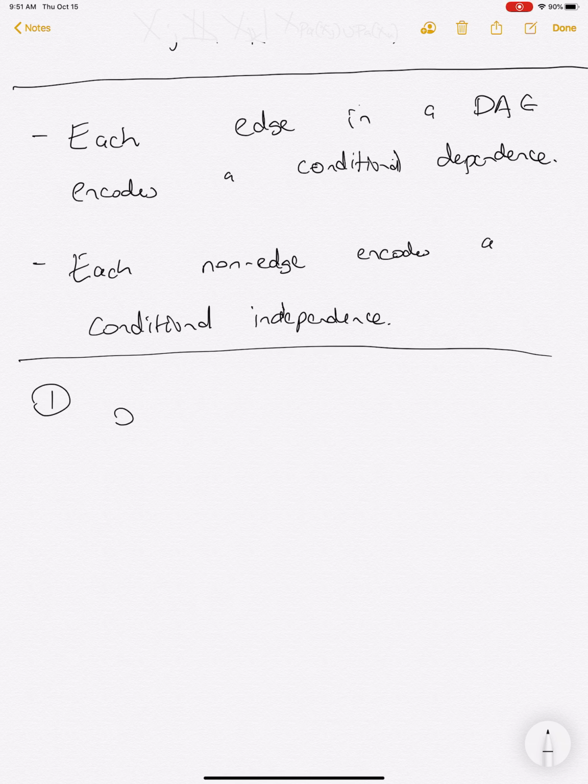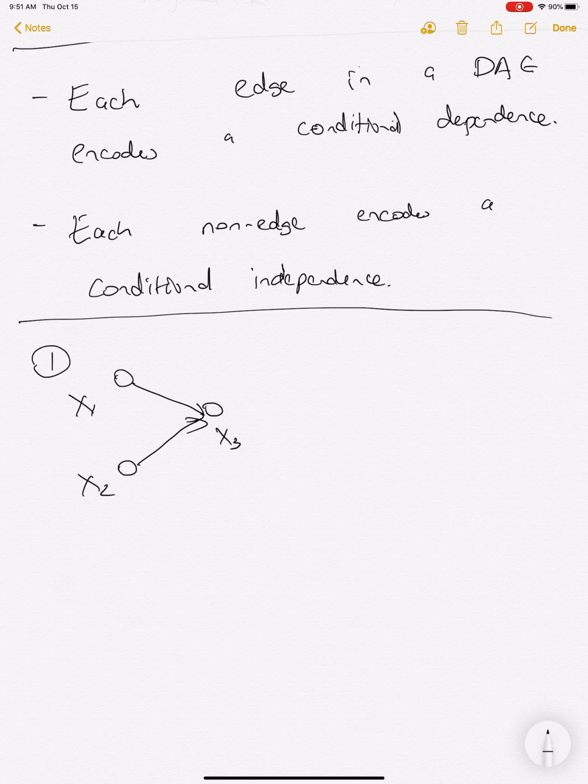So example 1. In that case, we have that the parents of x1 equals the empty set, the parents of x2 also equals the empty set, and the parents of x3 is equal to the set x1, x2.